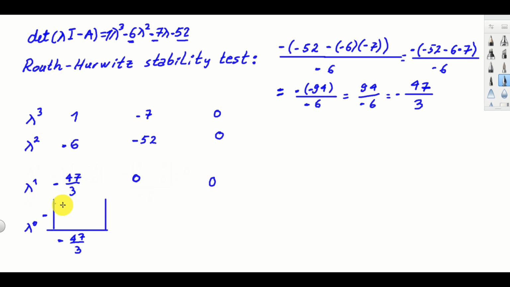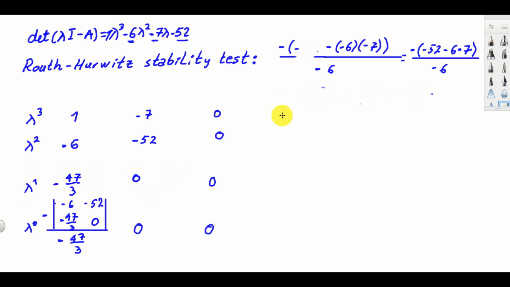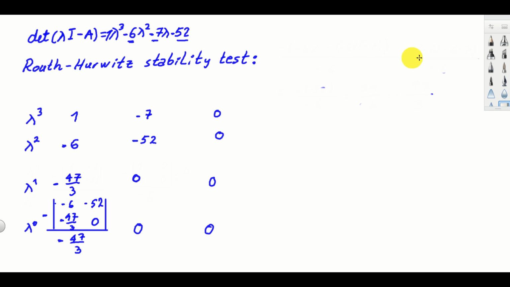Over here we'll have -6, then minus 47 over 3, then we will have this column, minus 52, let me nicely write it, and here we'll have 0. And similarly this entry will be 0, and this entry will be 0. Next, we need to compute this term over here. So let's do it over here. Let me just erase the previous part so we don't get confused.